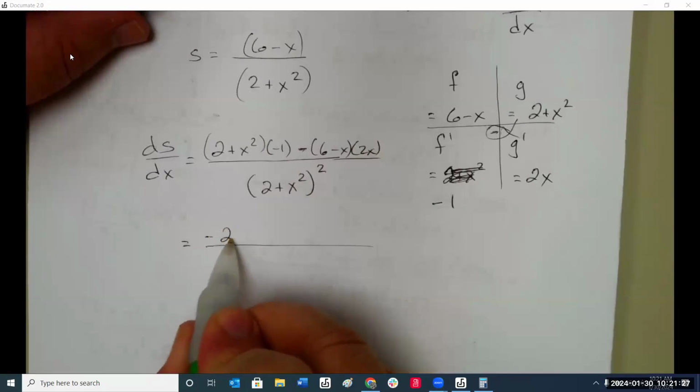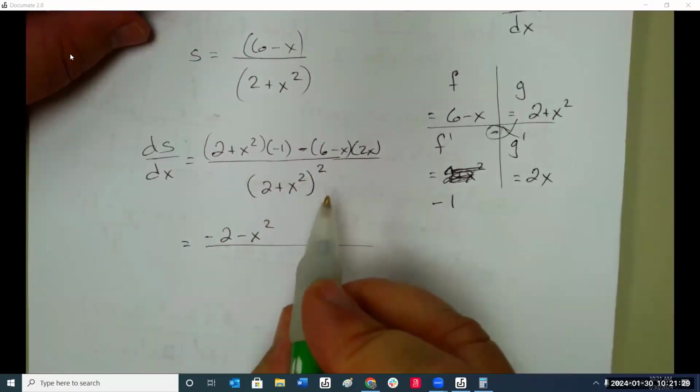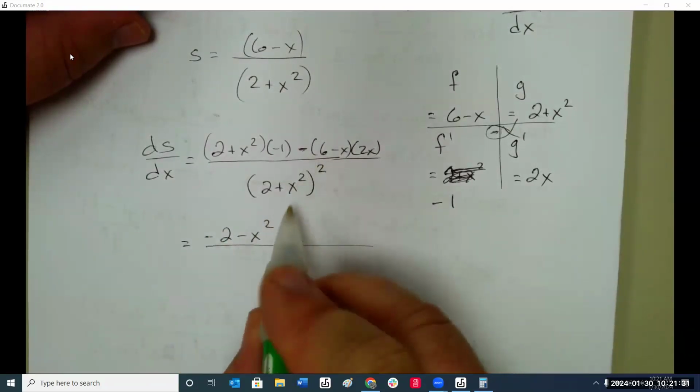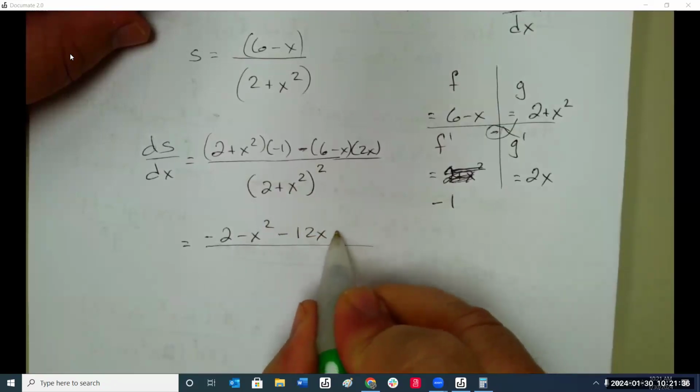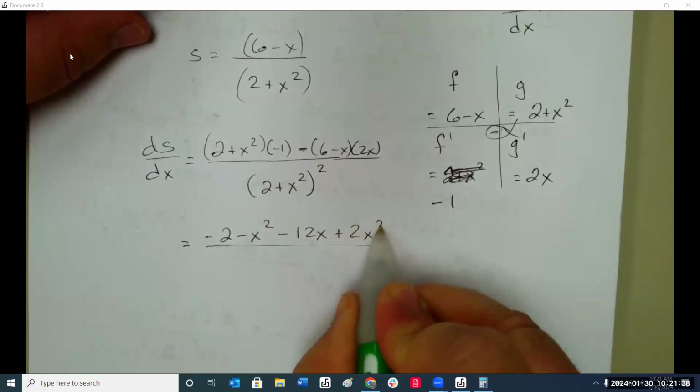So we have -2 minus x squared minus 12x plus 2x squared.